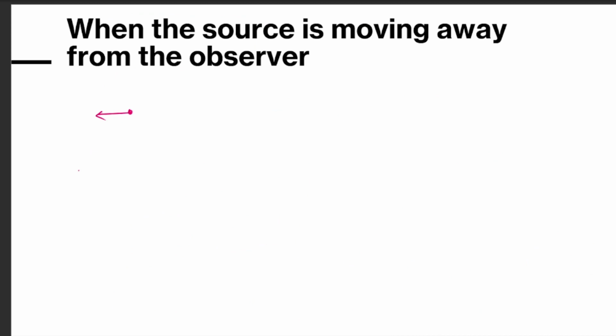So here, when the source is moving with velocity vs away from the observer, here is the observer O, and this is the source. So what would happen? Because the source is moving away, in time t it will reach a new position. Let's say this is the new position.